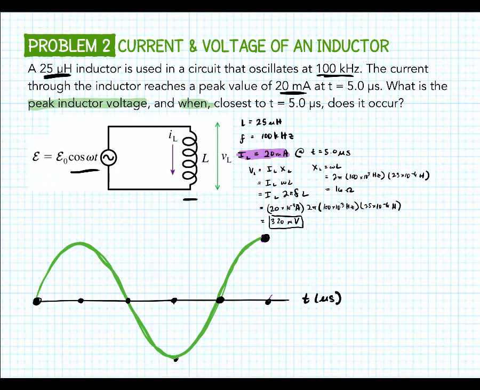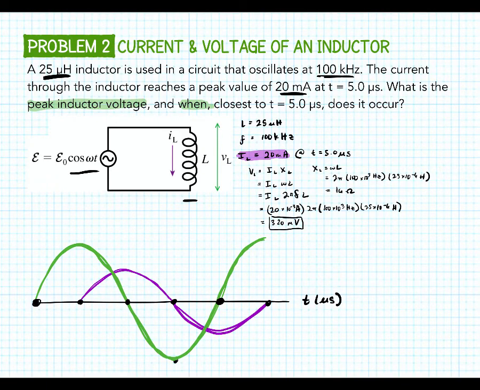The current lags behind the voltage, which means it's going to start here, and it'll peak, it's terrible. It'll peak like that. Okay, so it peaks. Sorry, that is a terrible drawing. And this is why we use phase diagrams.